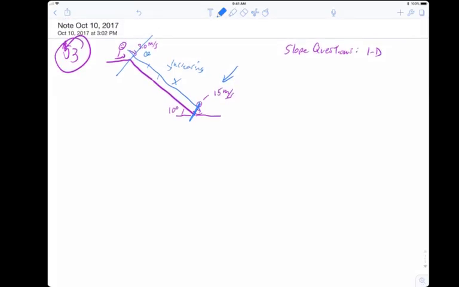So the question here is, how do we tackle it? The deal is that for constant acceleration questions on a slope, the acceleration is g sine of theta. There's Calculon, old friend. In this case, this is 9.81 times sine of 10, so that's going to be 1.70 meters per second squared in this direction.